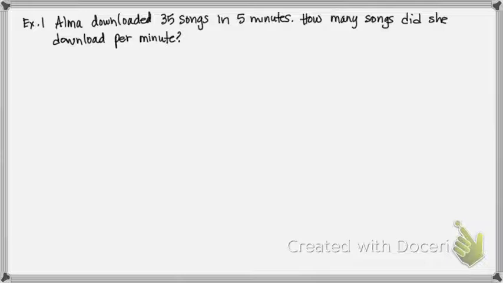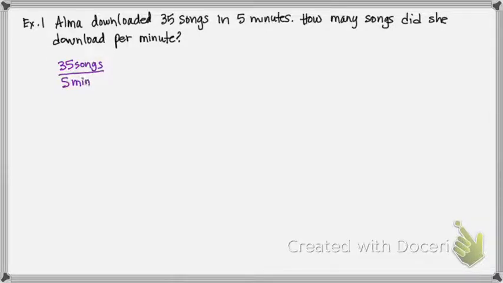Alma downloaded 35 songs in 5 minutes. How many songs did she download per minute? Okay, so we're going to start with writing it kind of somewhat in a ratio as a fraction. So we're going to start with 35 songs in the numerator and 5 minutes in the denominator.